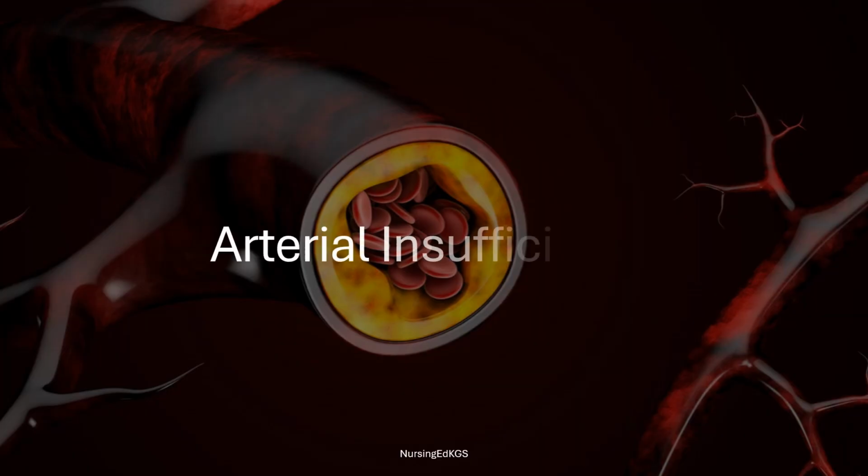So arterial insufficiency occurs when there is a reduced blood flow through the arteries, often due to narrowing or blockages. Some of the common causes include atherosclerosis, thromboembolism, or trauma to the arteries.